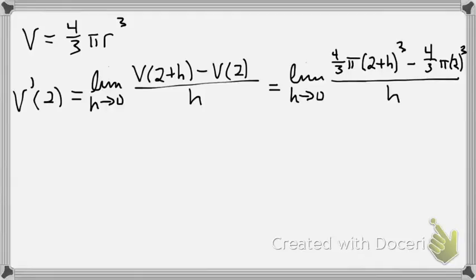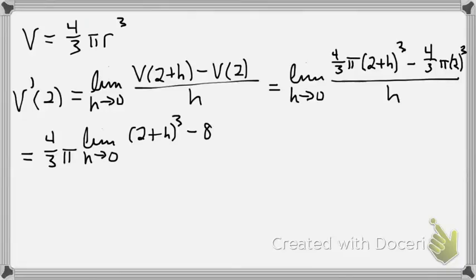All right. Now, we need to evaluate this. Both of the numerator terms have 4/3 pi, right? So I can bring it out front. 4/3 pi, limit as h approaches 0 of 2 plus h cubed minus 8, all over h.